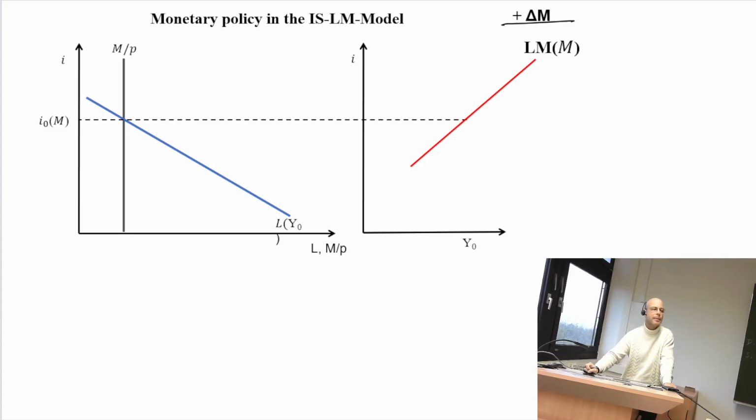Now we have to admit that in practice the central banks are steering the money market via the interest rates, but in this model here we assumed that we can set more or less the amount of money. So right now we have to argue within our model.